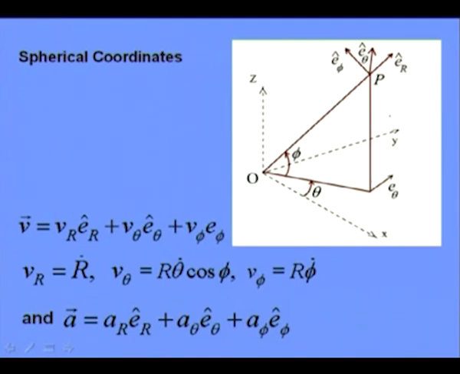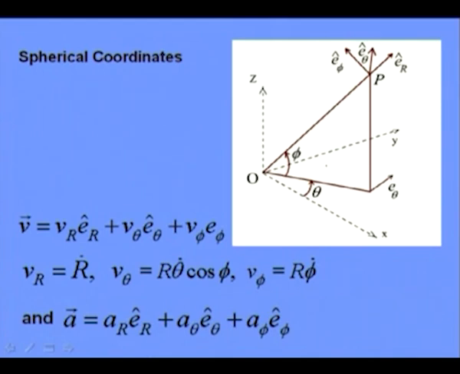Then we have cylindrical coordinates, and we have spherical coordinates. In this, the particle is at position P. Now in the cylindrical coordinates, its position is indicated by r, z, and theta.